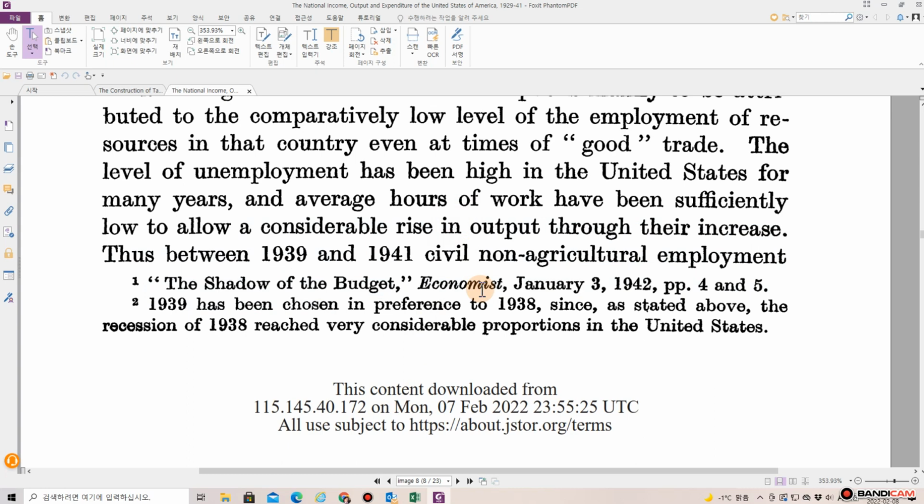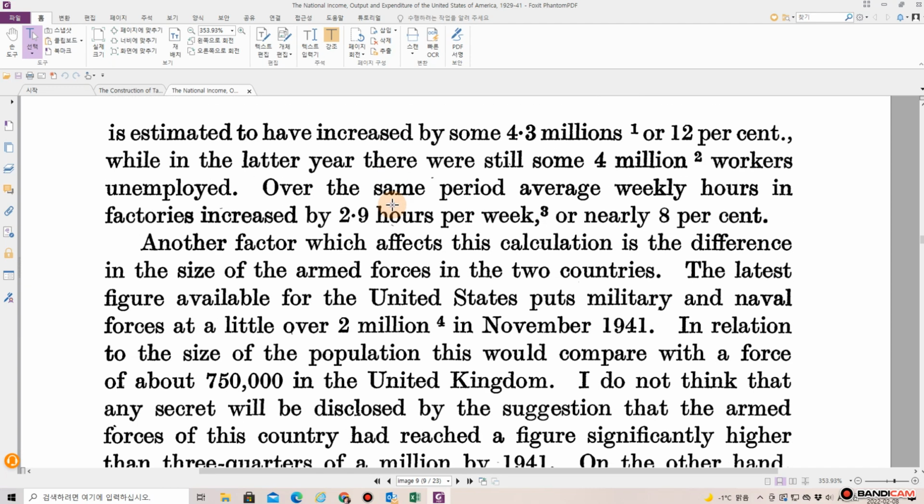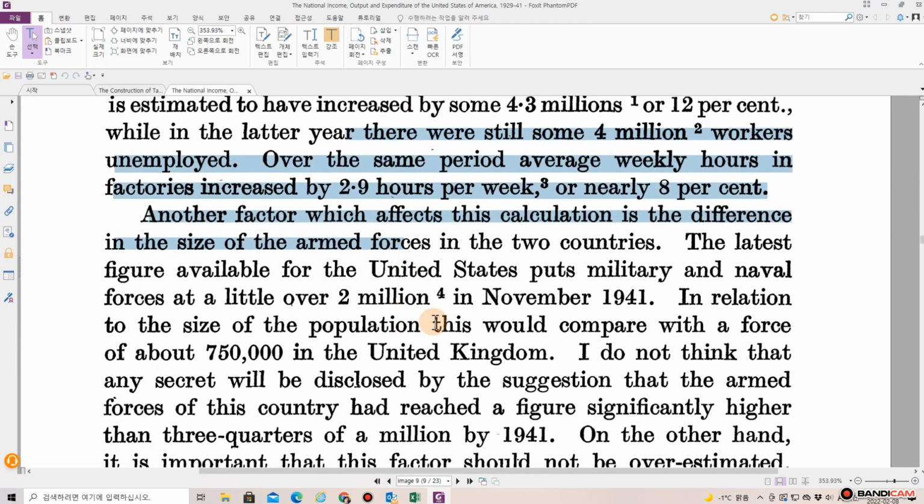Thus, between 1939 and 41, civil non-agricultural employment is estimated to have increased by some 4.3 million, or 12%, while in the latter year, there were still some 4 million workers unemployed. Over the same period, average weekly hours in factories increased by 2.9 hours per week, or nearly 8%.